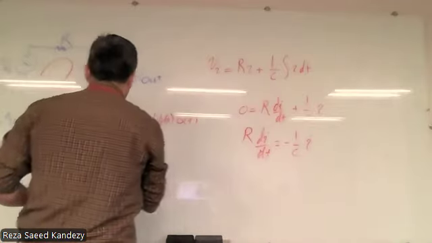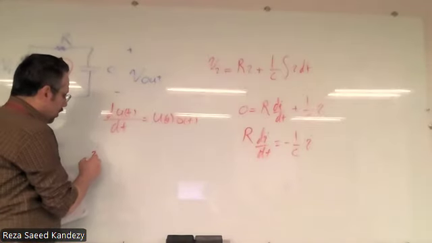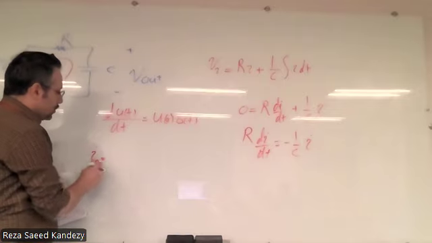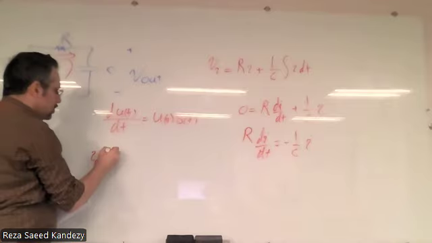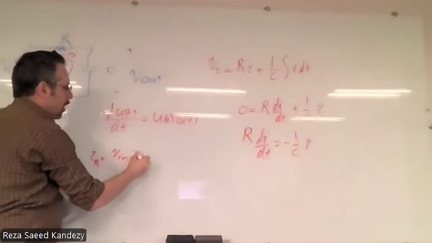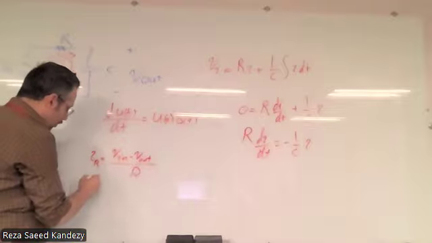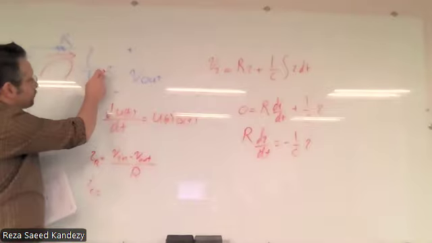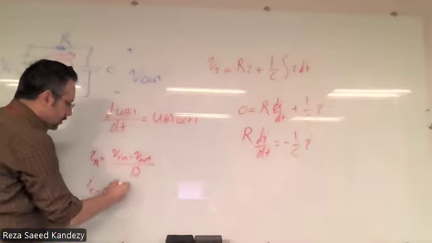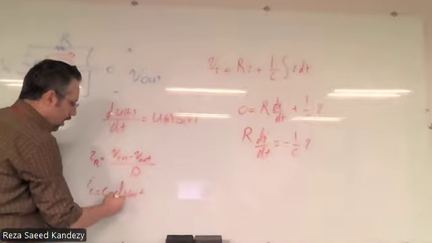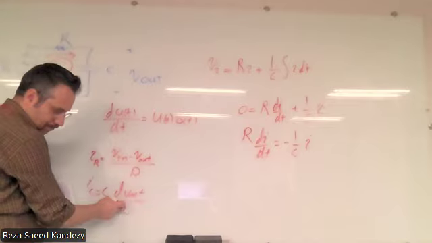So you can find the current in two ways. One is from the resistor, with current going that way, which is V input minus V output over the resistor, or we can find the current based on the capacitor, which is C times the differential of V out over dt.